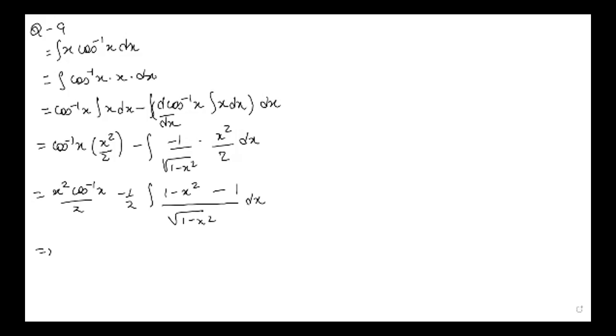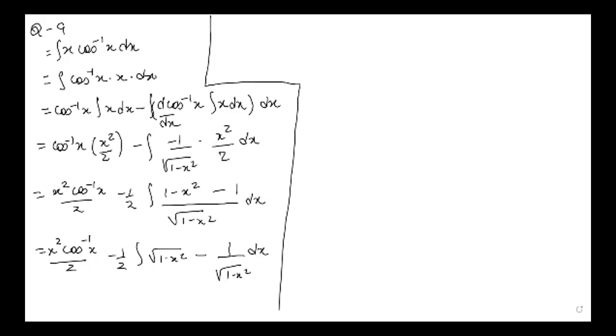So if I individually divide this, then I will have root 1 minus x square minus 1 upon root 1 minus x square dx. Right. So I will make this as 2x square cos inverse x by 4, multiplying 2 in numerator and in denominator. Now this is minus 1 by 2.